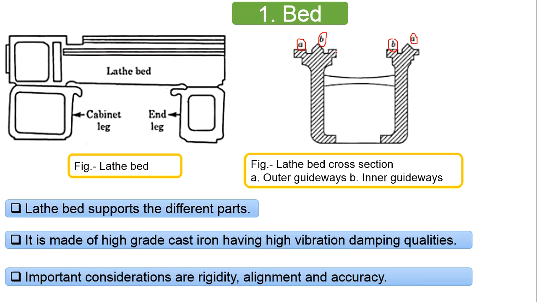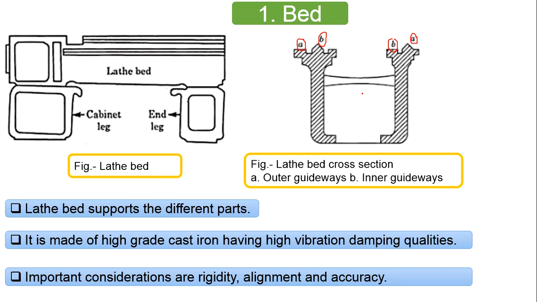The second advantage is that whatever chips are coming during machining will automatically fall in the tray of the bed. So it will not obstruct the moving member or the guiding member. But what is the disadvantage of the inverted V? The manufacturing is very difficult.